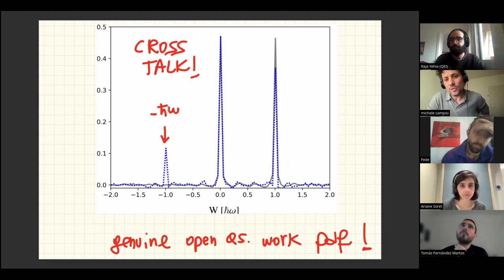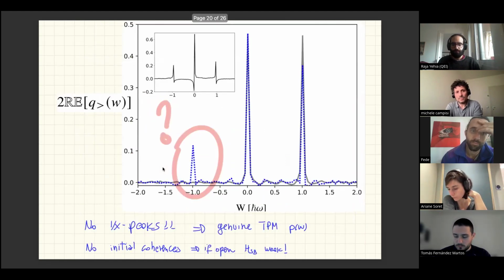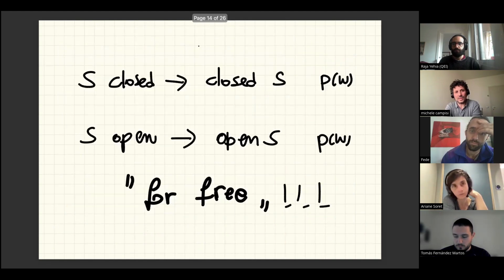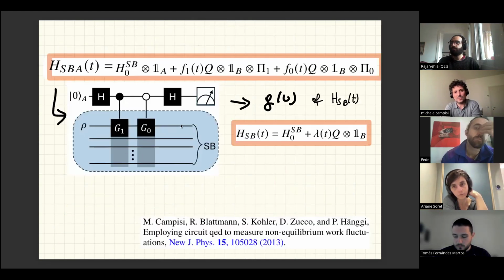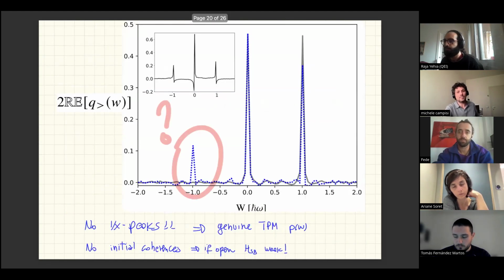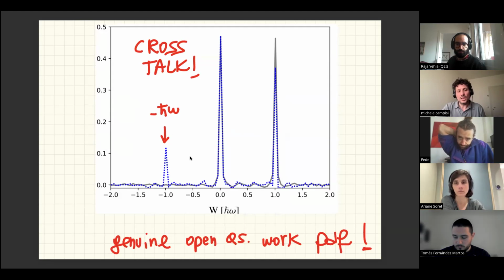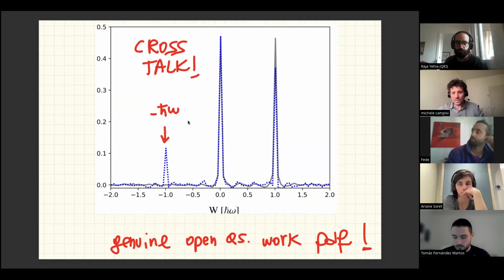So for us this big peak is because the system that the ancilla is probing is not just this system here, but a broader system with a broader spectrum where there are excitations, and the interferometric method picks up exactly those transitions occurring in the larger Hilbert space. This is very reasonable, because the peak is exactly at minus h bar omega, which is the resonant frequency of all the qubits on the chip.